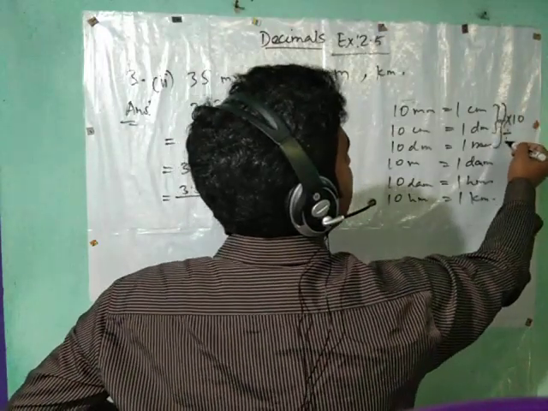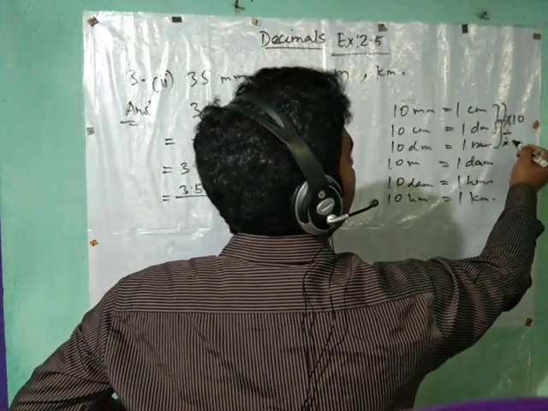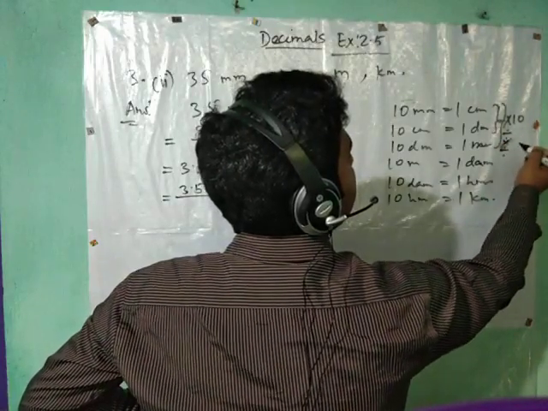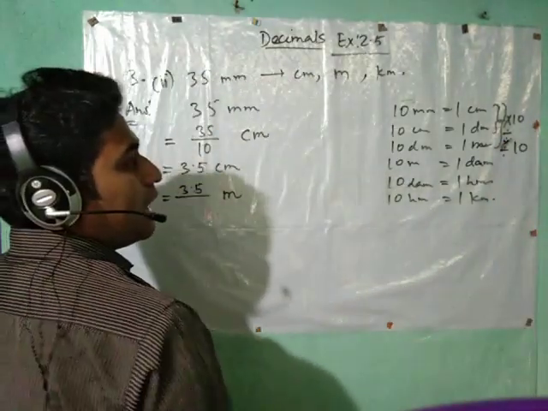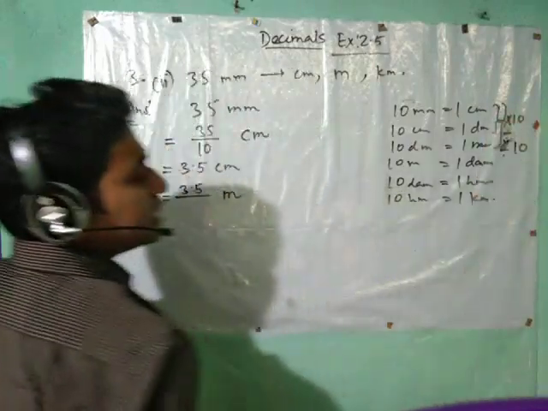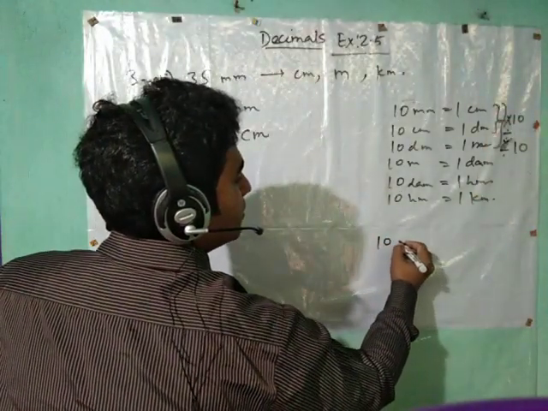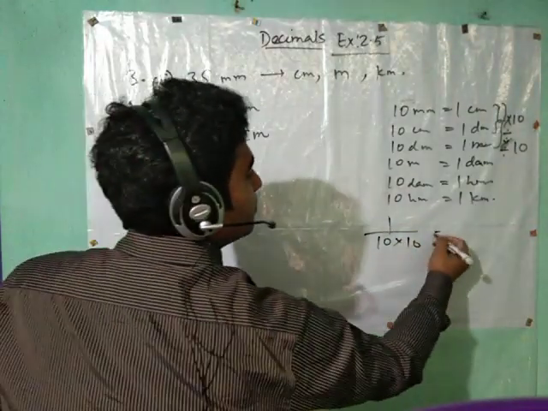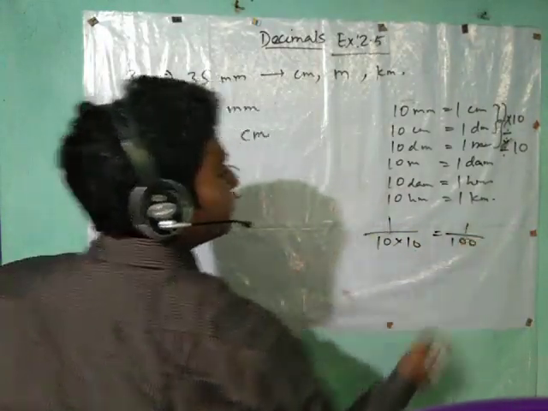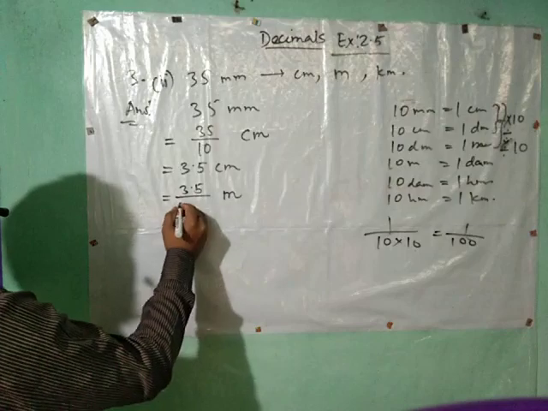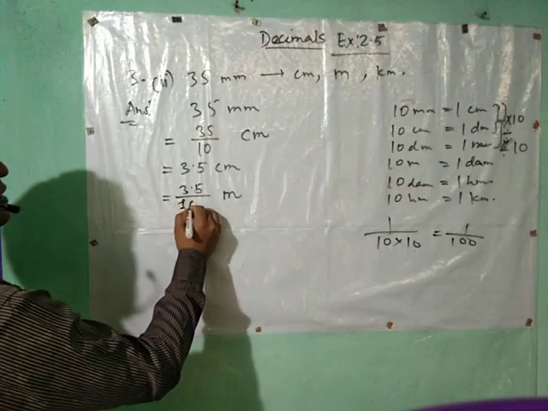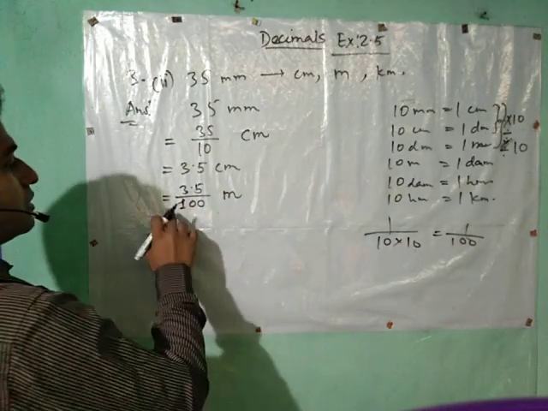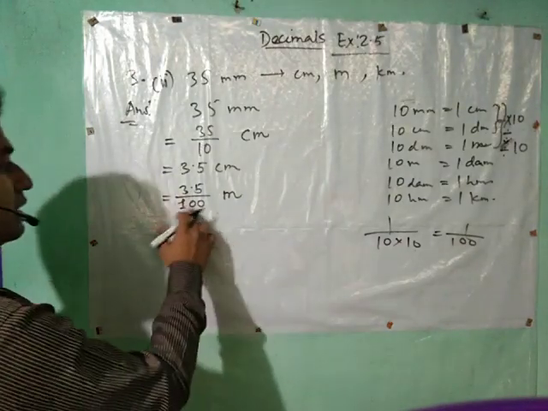That means you have to multiply or divide by what? 10. How many tens are coming here? 2 tens. If you divide by 2 tens, it will become 100. That means you have to divide it by 100. Number of steps you have come down, that many zeros will be in the denominator.